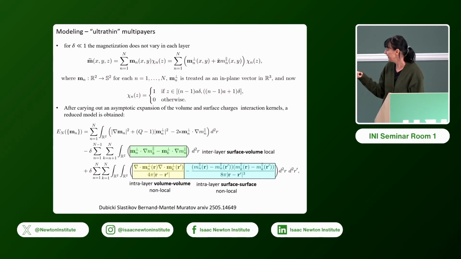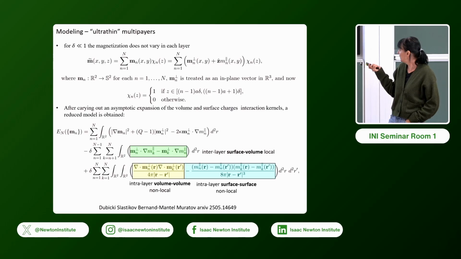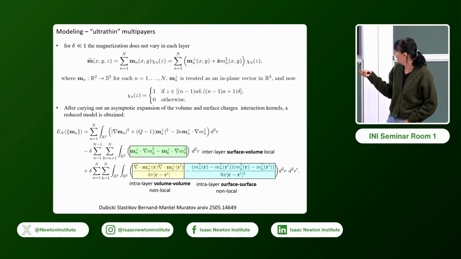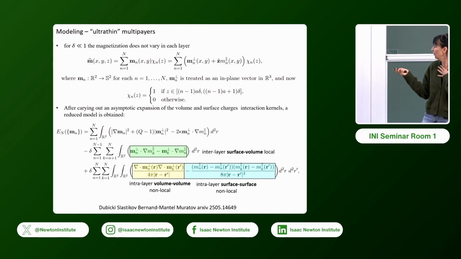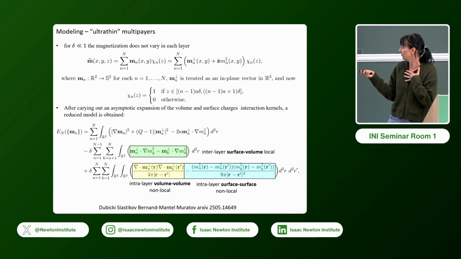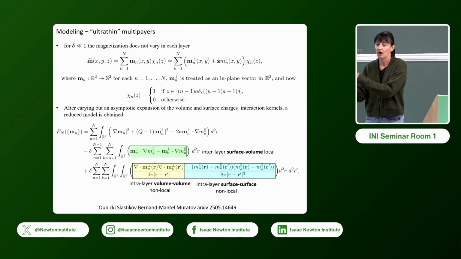But finally, we obtain a very satisfying result, which is giving us, so again you see the local action of the stray fields. You find again for each layer this usual intra-layer volume non-local term that costs some energy for the rotation, and an intra-layer surface non-local term that is at the origin of the creation of stripes.